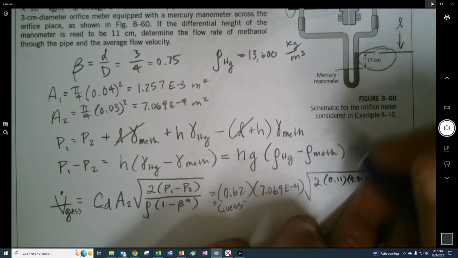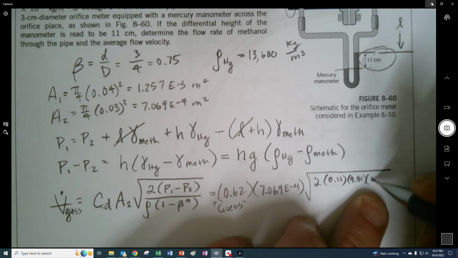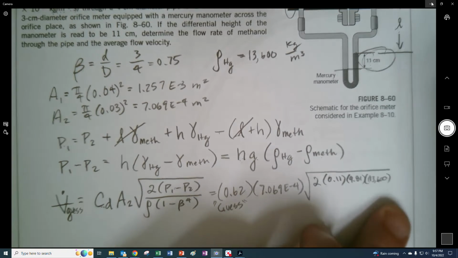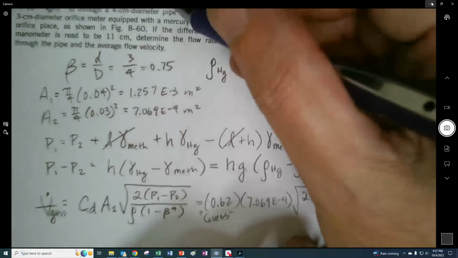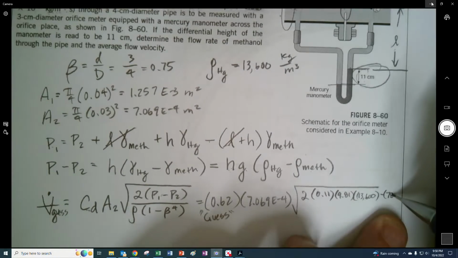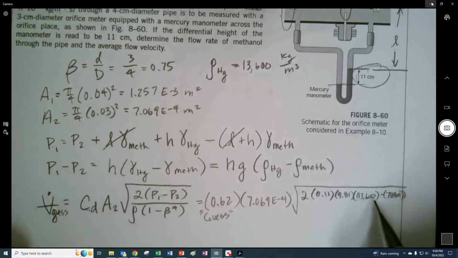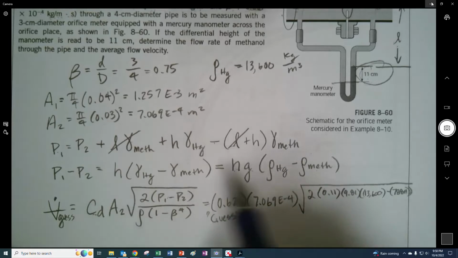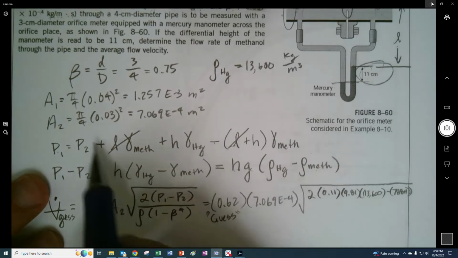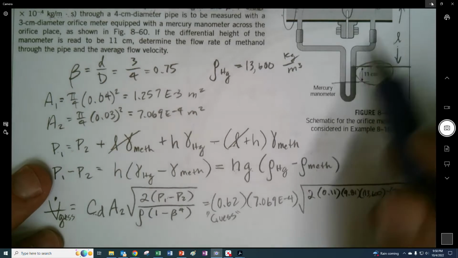And my density here of mercury is 13,600. Put parentheses in there. And we're going to be subtracting out our methanol density, which is 788.4, right? So it's not unsubstantial that we would need to do that subtraction, which we would only know by way of doing this manometer swim through method.